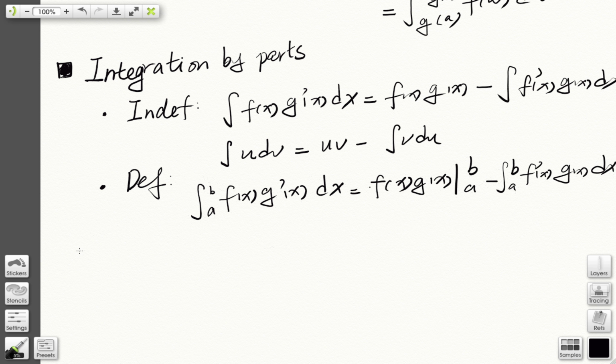So that's pretty much all the general rules that you want to use in your computation.